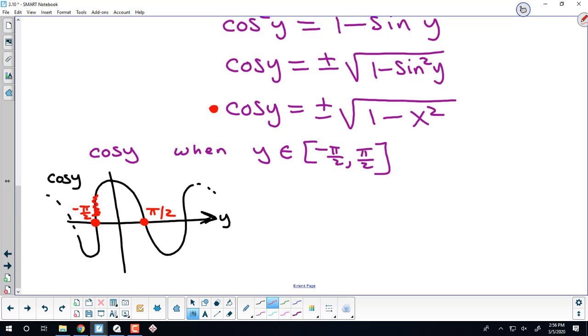So here's cosine in that interval. So the cosine of y is larger than or equal to 0. On the endpoints it's 0. But the main idea is that cosine isn't negative on that interval for y, which means cosine of y isn't the negative square root, it's just the positive square root.